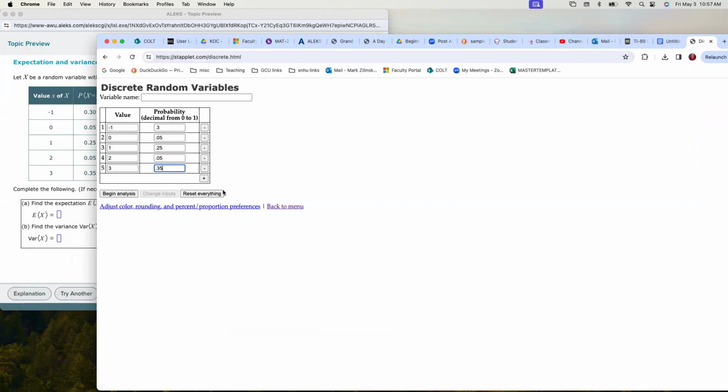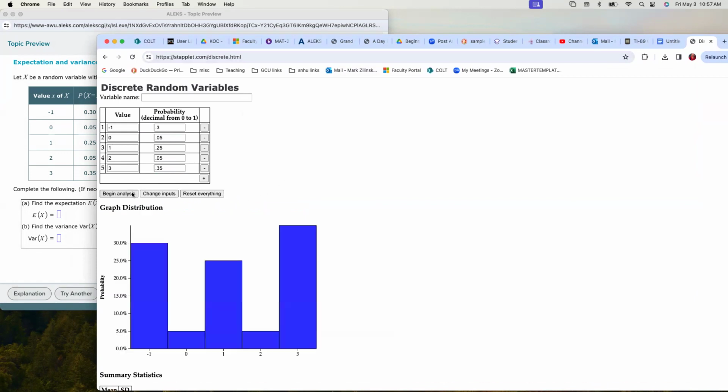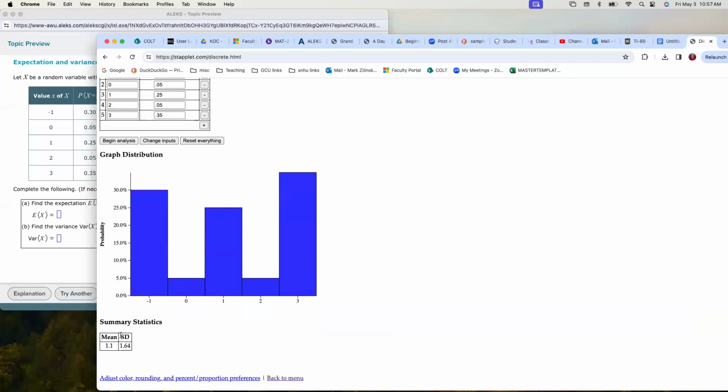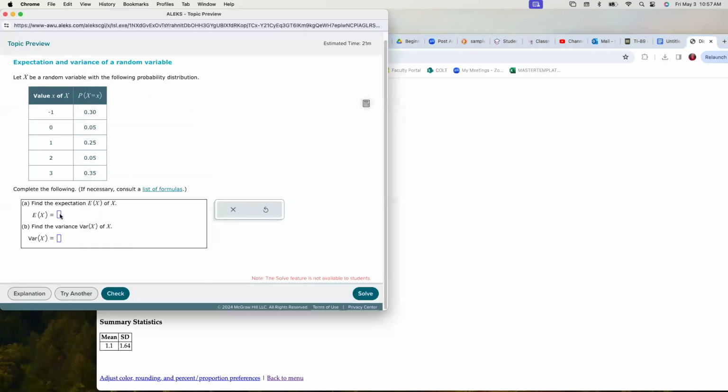Okay. So there we go. And I'll just hit begin analysis, and there you have your mean and standard deviation. So real easy to type those in: 1.1 and also 1.64.